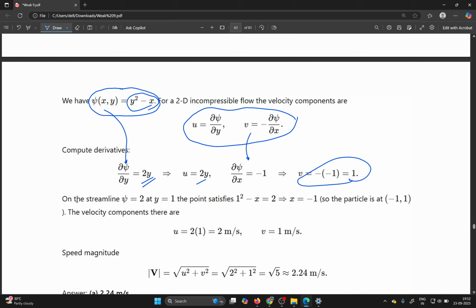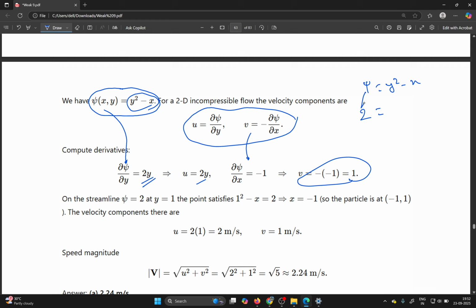On the streamline psi equal to 2 at y equal to 1, the point satisfies psi equal to y square minus x. You need to calculate the value on psi equal to 2, which is already given in the question.